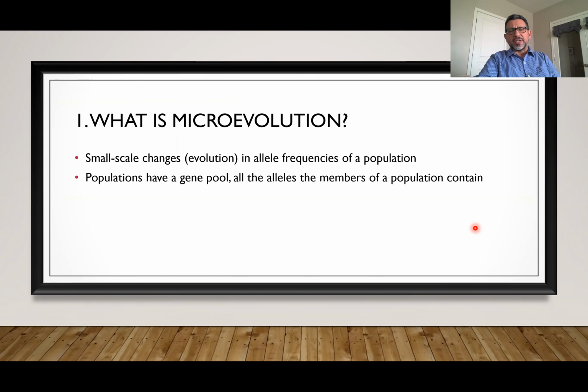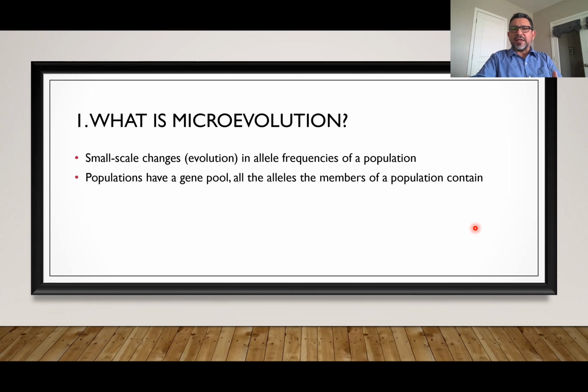So all populations have a gene pool. The gene pool is the collection of all of the alleles that all of the members in one population in one specific place possess. It's like an inventory.